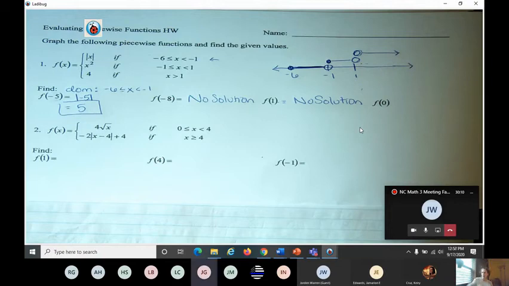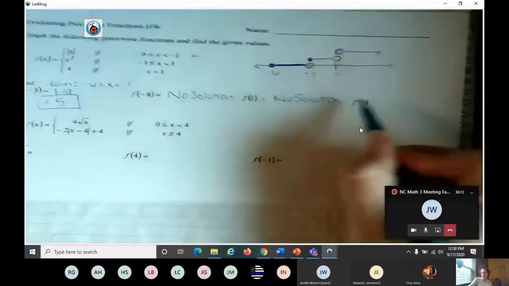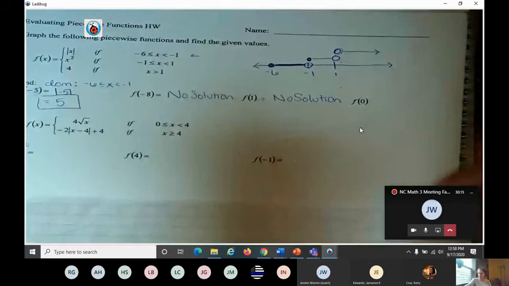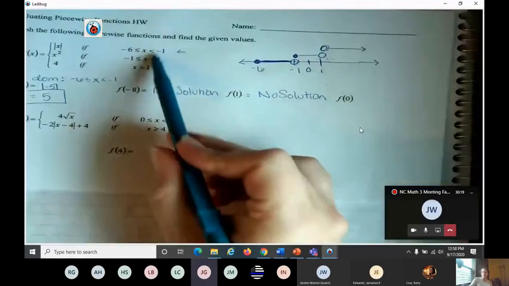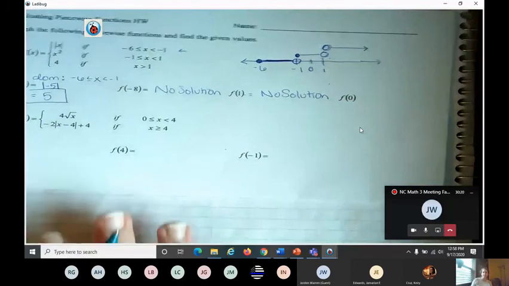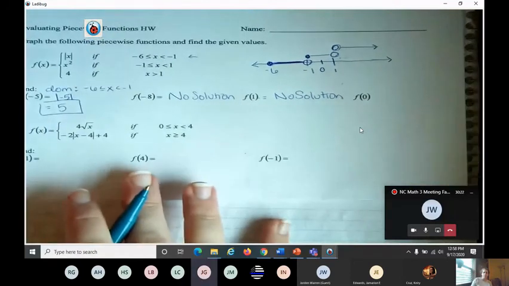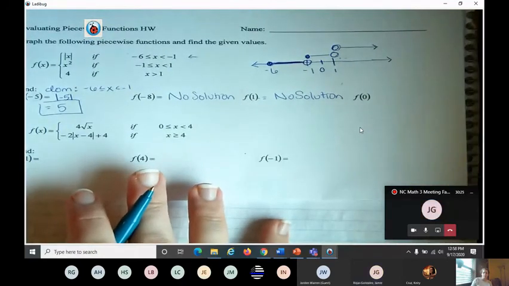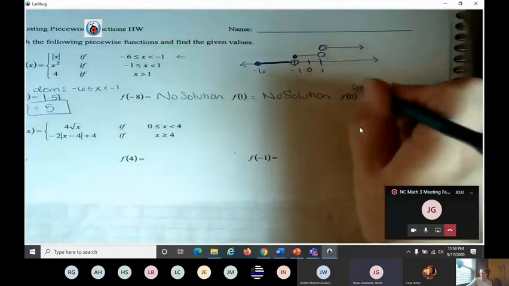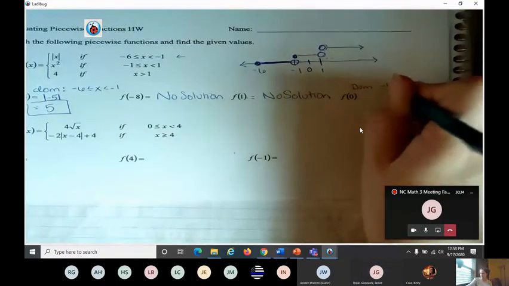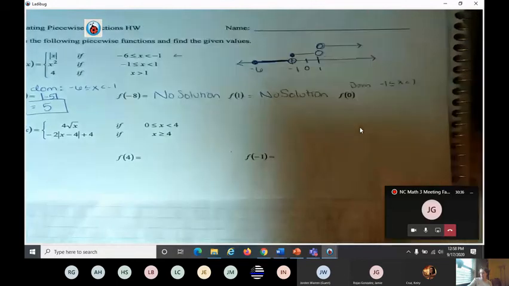Yeah, I hear. Okay, so for f of 0, 0 is right in here. So which of the 3 domains am I going to look at to evaluate f of 0? -1 and 1. Yeah, perfect. So this domain is from -1 to 1.